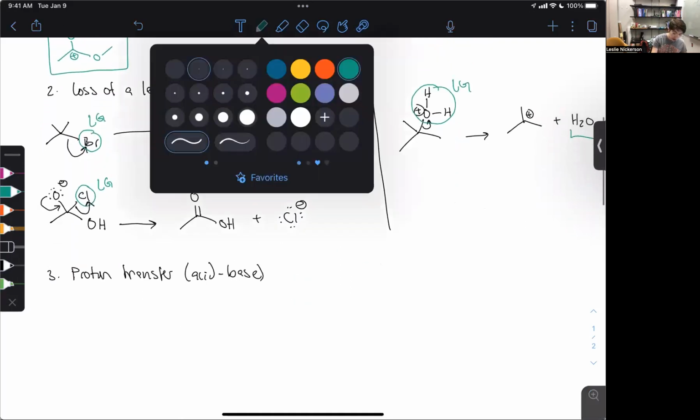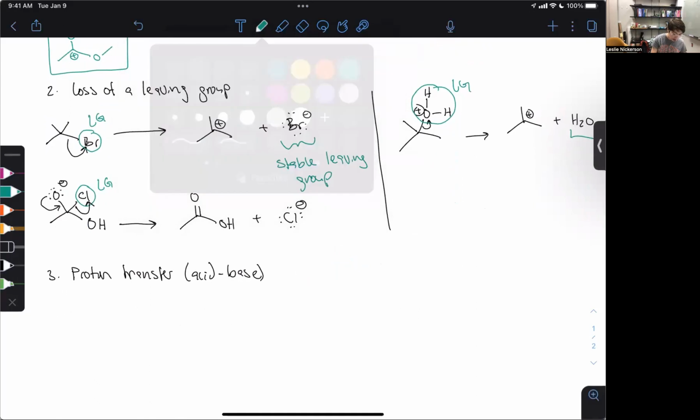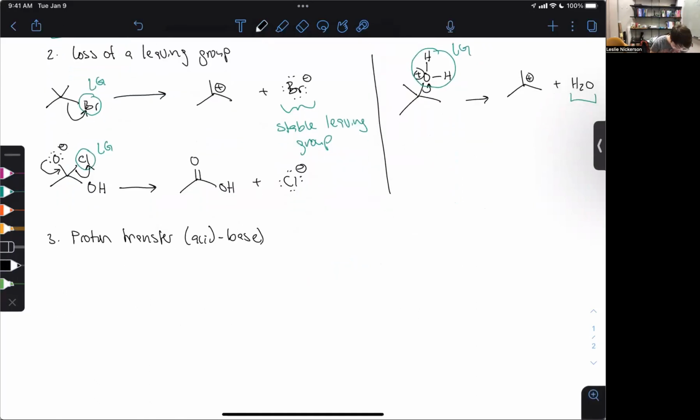Then our final pattern is proton transfer chemistry, like acid-base chemistry. So if I start with a ketone and I add in HCl, this is something that hopefully is familiar at this point. We should be thinking about, what's our basic atom, what's our acidic proton.